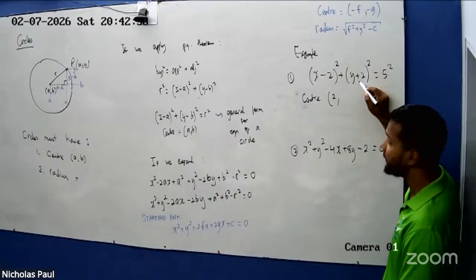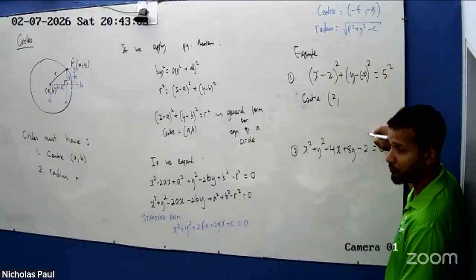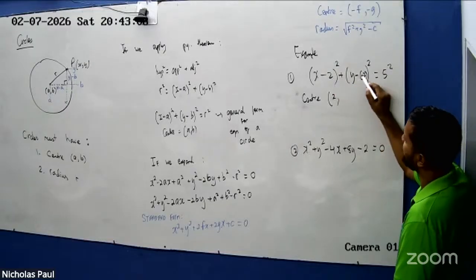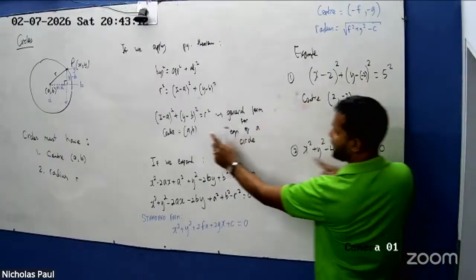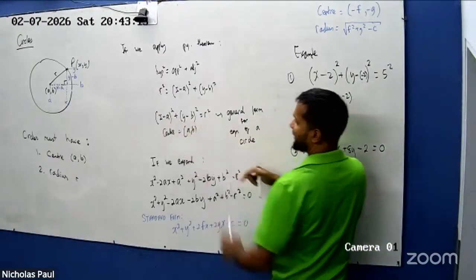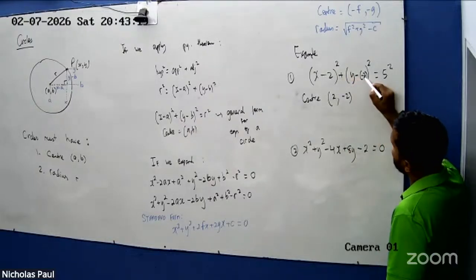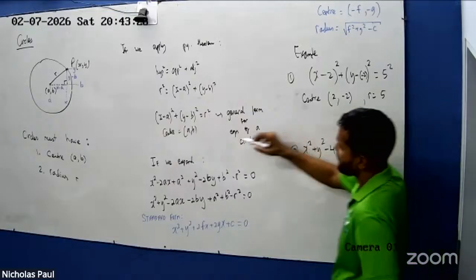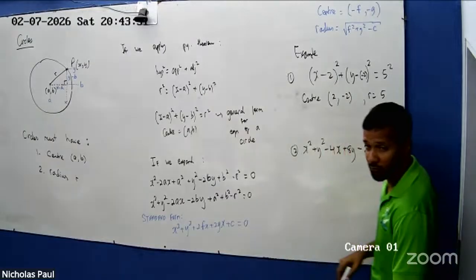Minus 2, because plus 2 is really minus 2. So my x value is 2 and my y value is minus 2. Whenever you're comparing, it must be in this form, with minus signs in front. And my radius is how much? 5. Remember the radius is r. Are you okay with that?